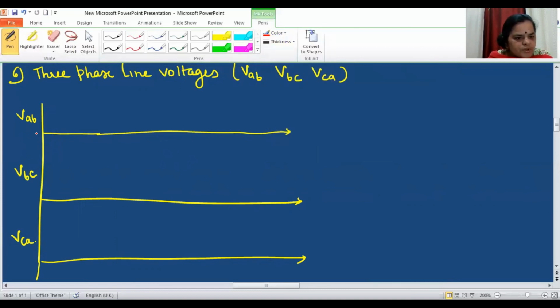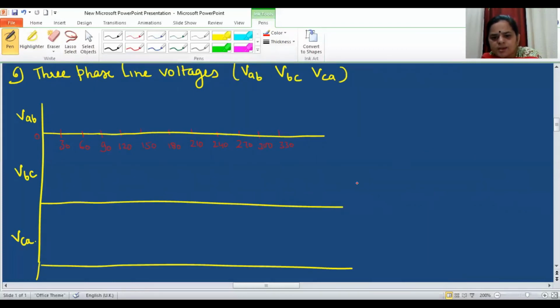So what I am going to write: this is 0, this is 30, this is 60, this is 90, this is 120, this is 150, this is 180, this is 210, this is 240, this is 270, this is 300, this is 330 and at last this is 360.